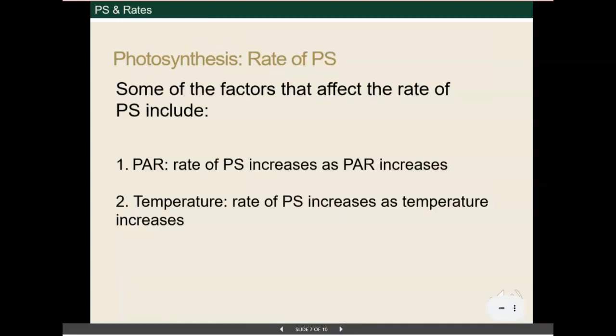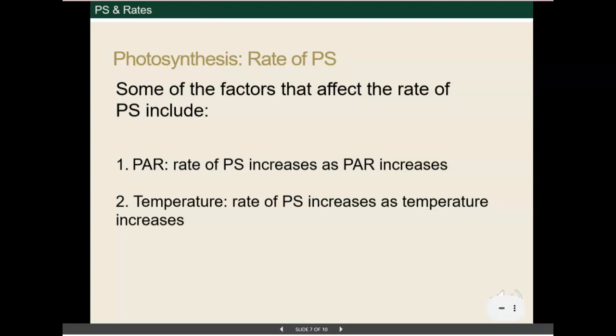Several factors can influence the rate of photosynthesis. Normally, the rate of photosynthesis increases as the amount of PAR increases, until it plateaus at the saturation point. Theoretically, you could keep increasing the light intensity, but the light reactions will max out, so the rate of photosynthesis will not increase.